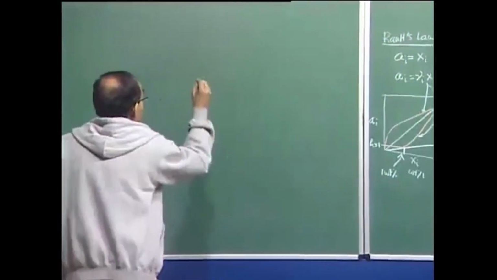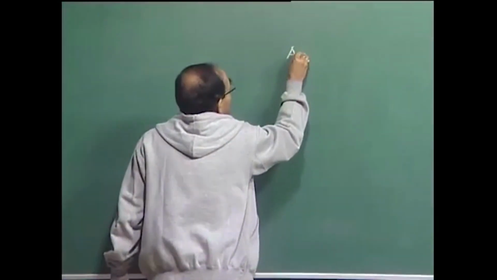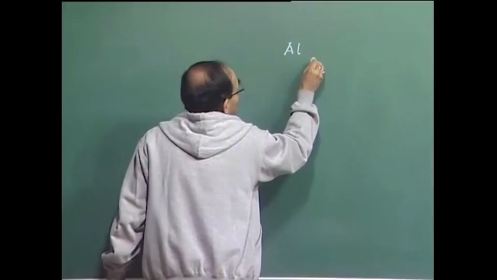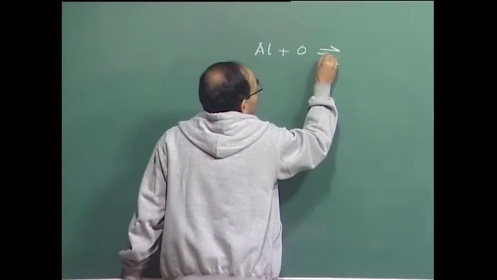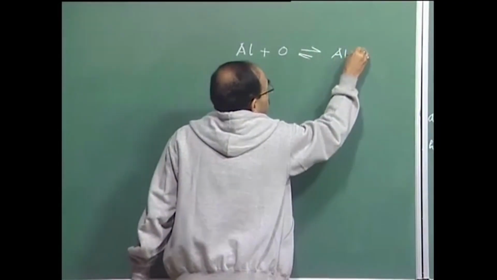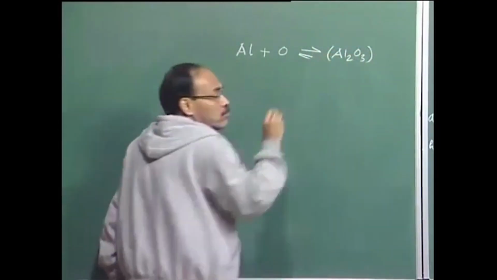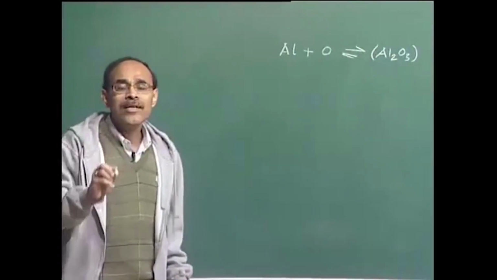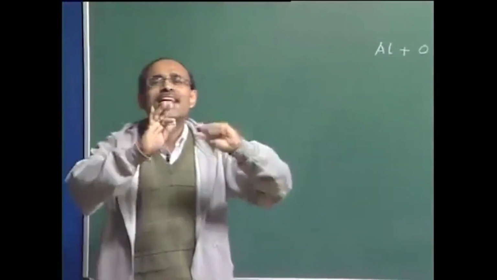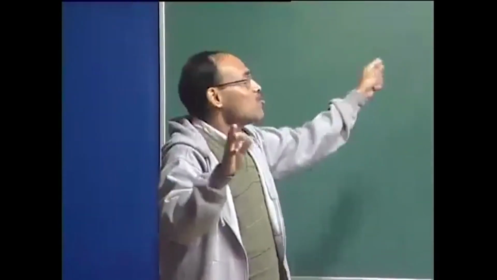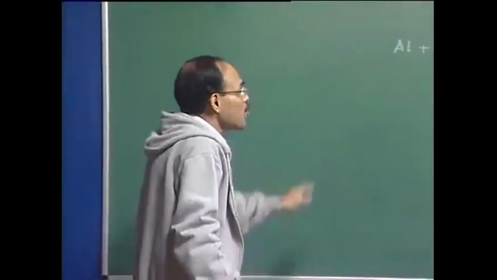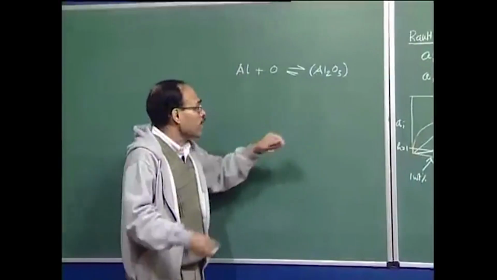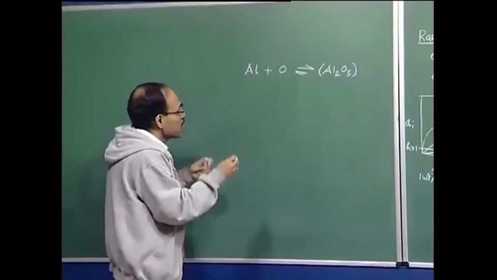For example, you can say I have aluminum, the deoxidation calculation, aluminum plus oxygen is giving you Al2O3. Now, if you assume that there is no formation of any slag, just pure alumina forms, there is no silica, there is no calcium oxide. So, pure alumina is there. There is no reaction taking place simultaneously.